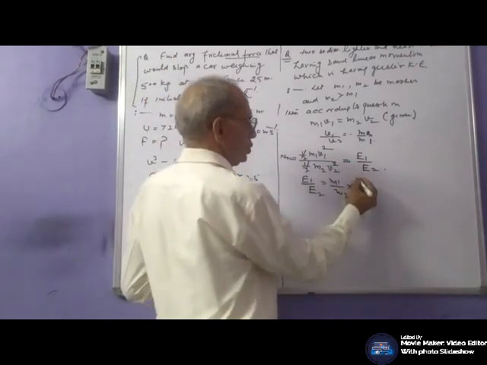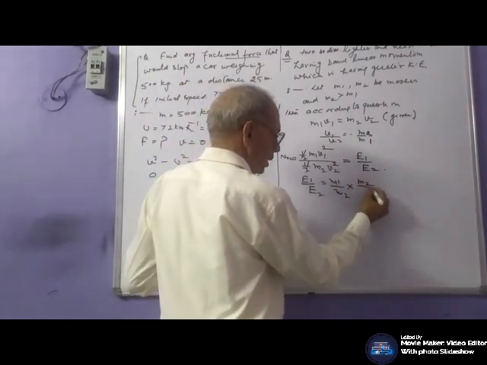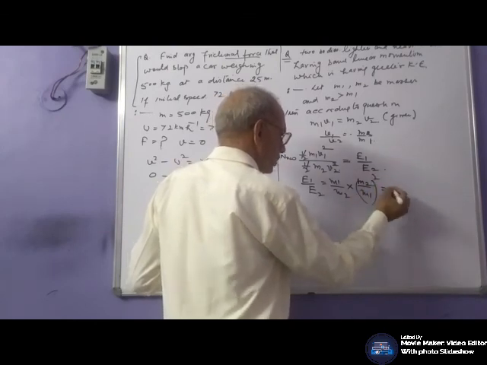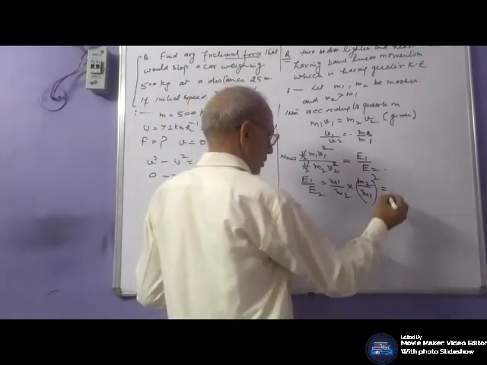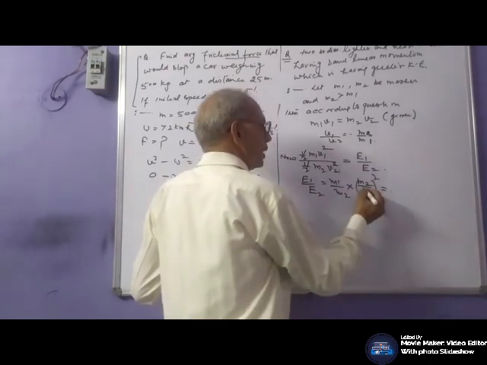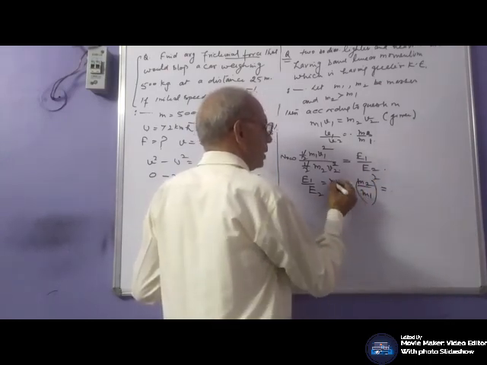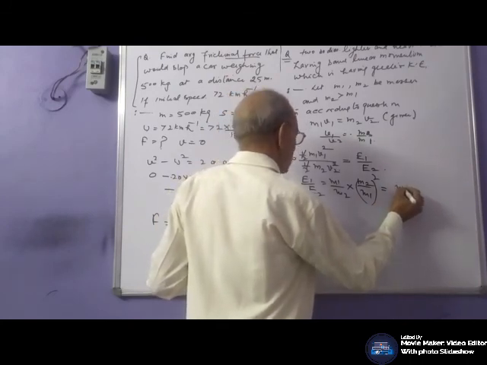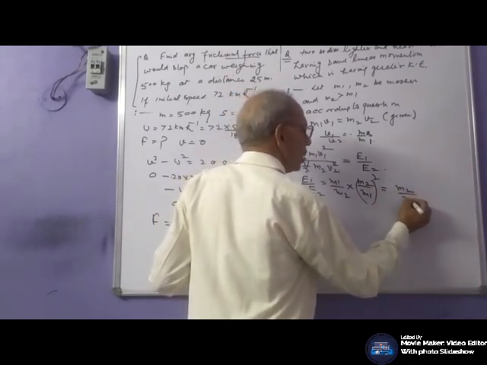So V1 by V2 square is M2 by M1 square. So it comes out to be what? This M2 cancels with the square, M1 cancels with the square. So it comes out to be M2 by M1.